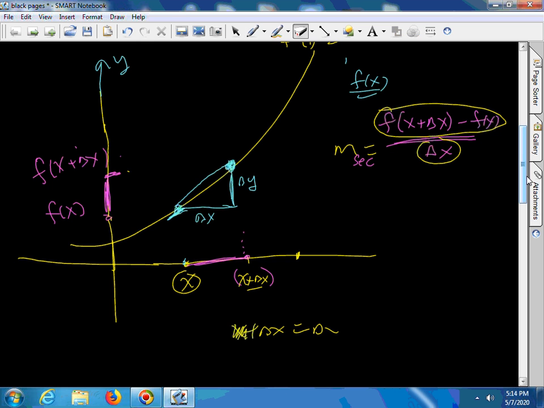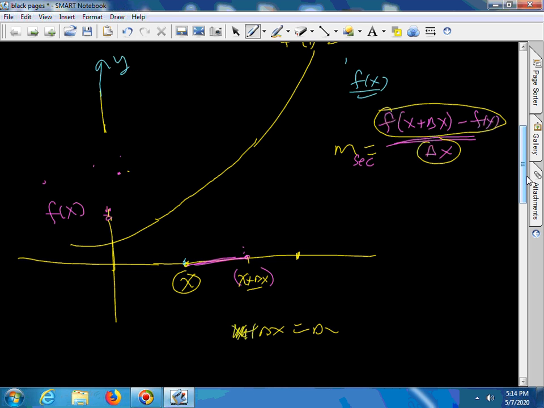Okay, now we're going to do this all over again, except we're going to make delta x even smaller. Instead of this purple piece, or this now yellow piece down here being delta x, I'm going to make delta x even smaller.